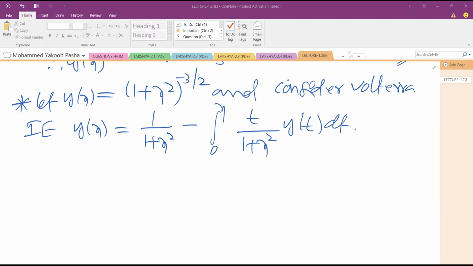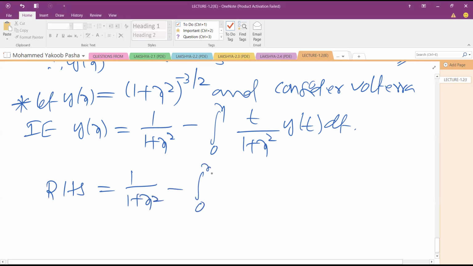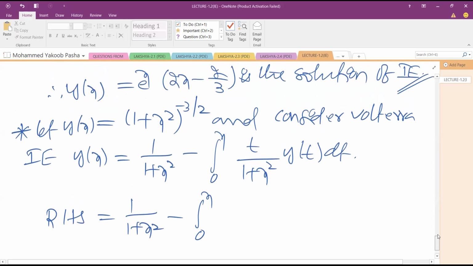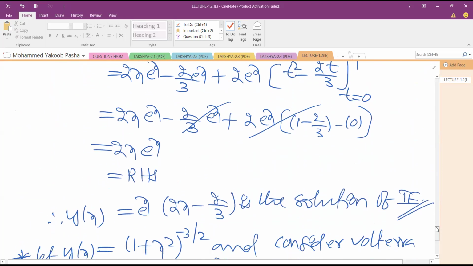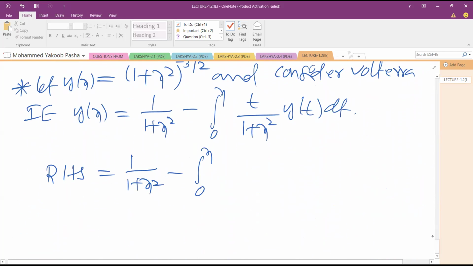Take the RHS here, that is 1 by 1 plus x square minus integral 0 to x. This is a general procedure, and we can discuss it later. We will discuss the shortcut tips: how to find which option is the right option, or which option is the solution of the given integral equation. We can take different types of problems with the help of shortcut tips.